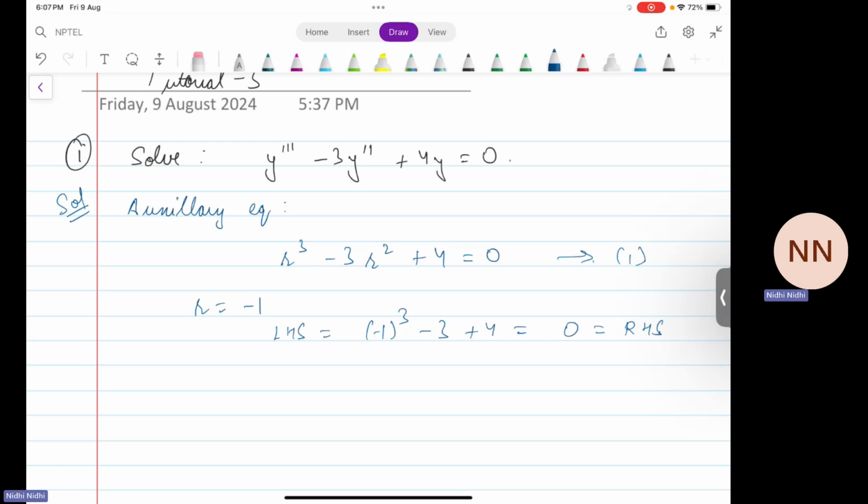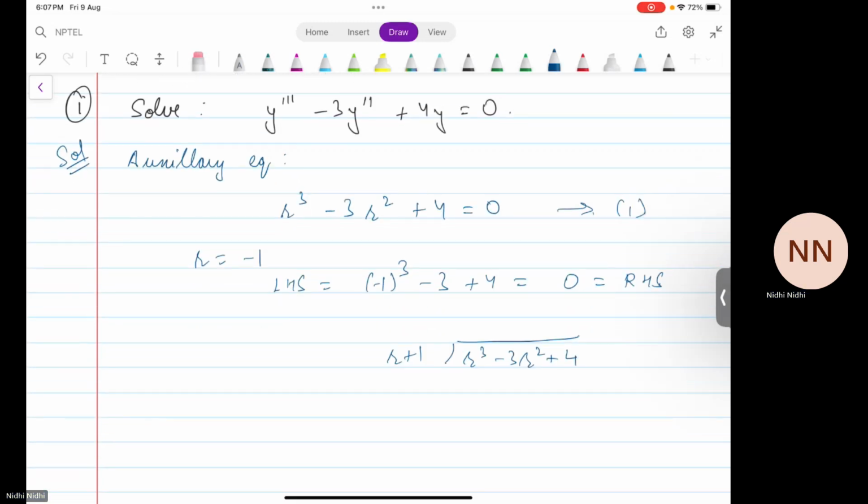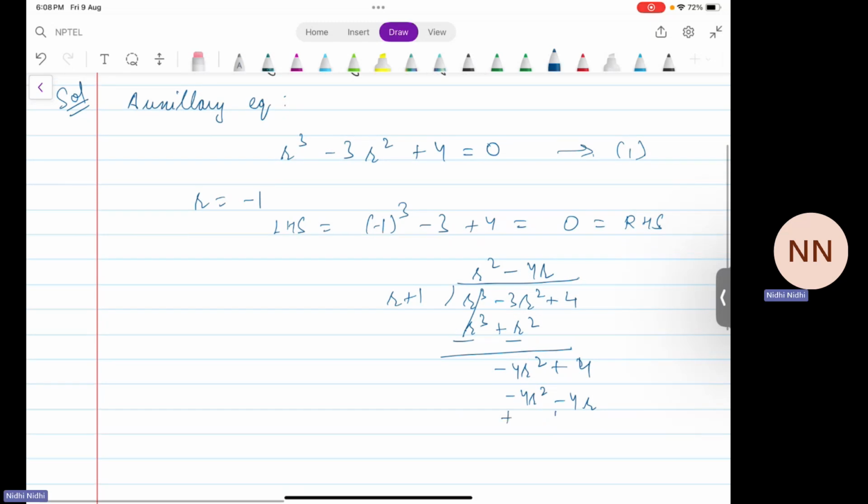Now if we divide this polynomial, r cube minus 3r square plus 4, by r plus 1, we get r square as the quotient: r cube plus r square, minus 4r square plus 4, minus 4r square minus 4r, and then we get 4r plus 4 and the remainder is 0.